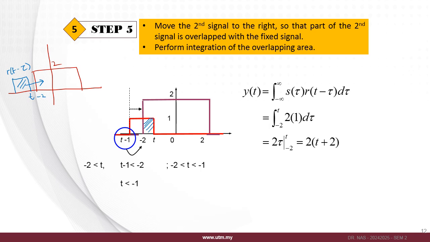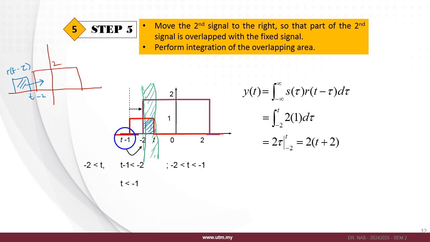It doesn't matter where you place it, as long as part of the second signal overlaps with the first signal. So now the range where the signals overlap is between -2 to t. This is the area where the two signals overlap.